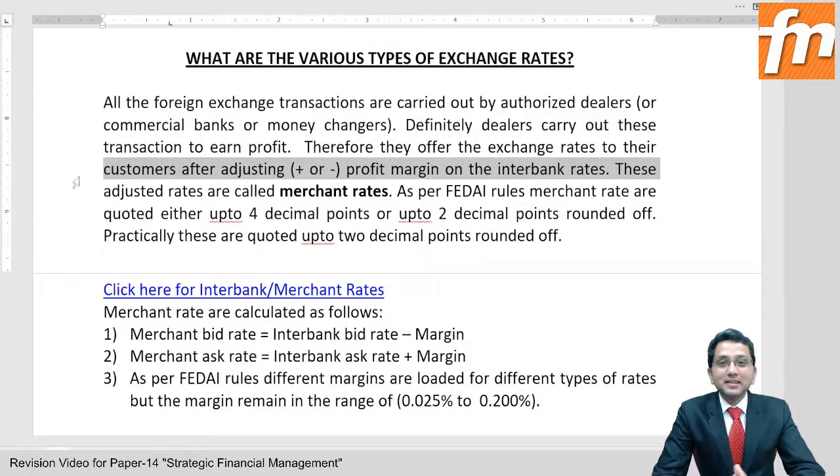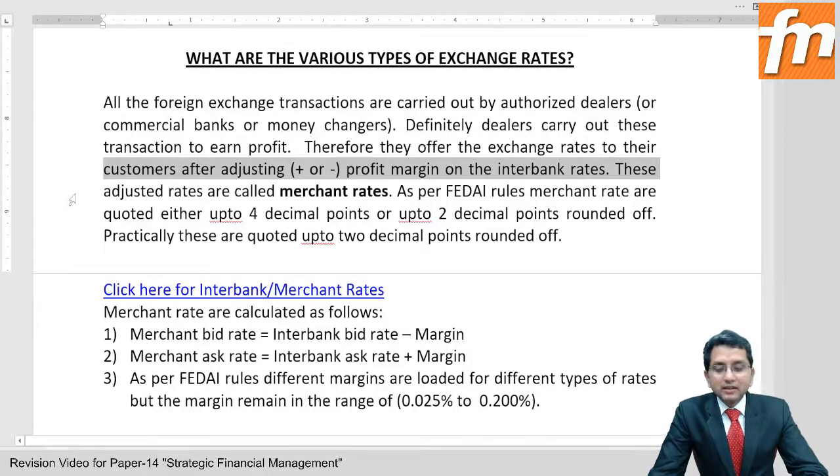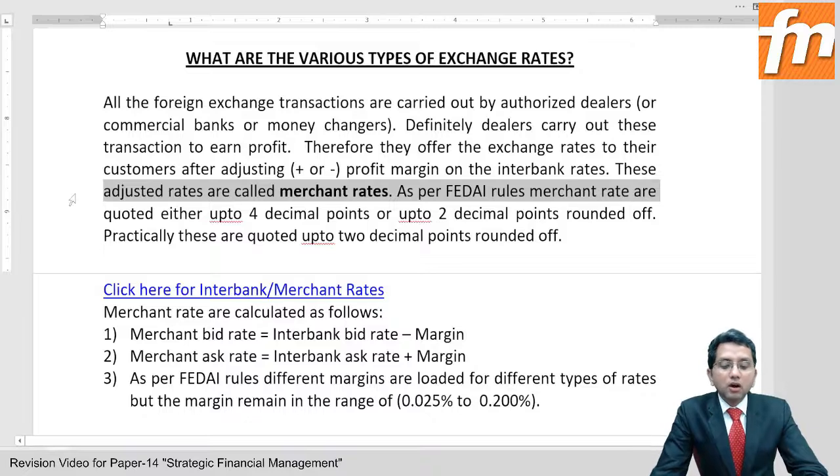If you're selling something, you add the profit margin. If you're buying something, you deduct the profit margin. On the interbank rate, which I will call the wholesale rate informally, these adjusted rates are called merchant rates.